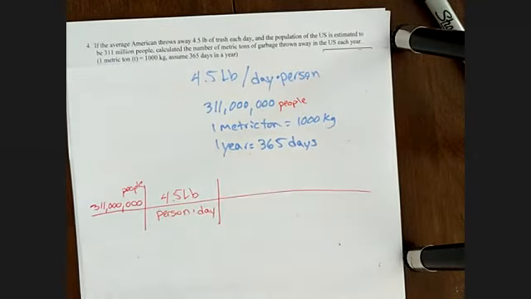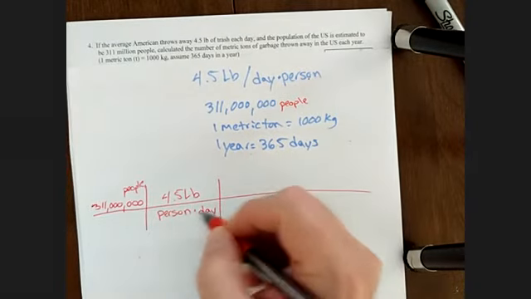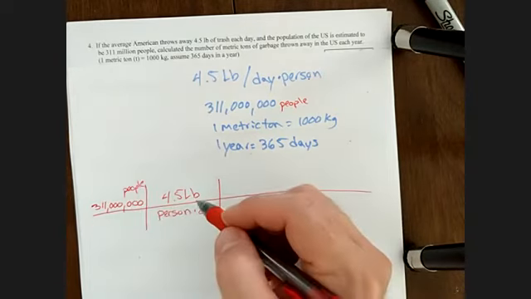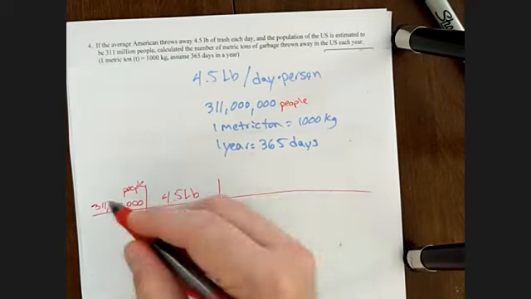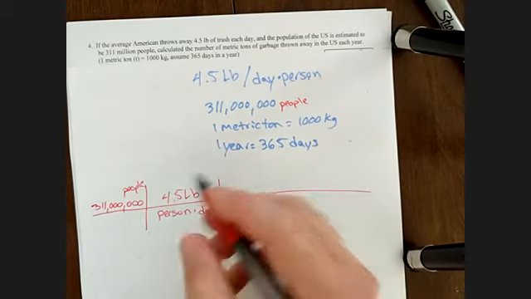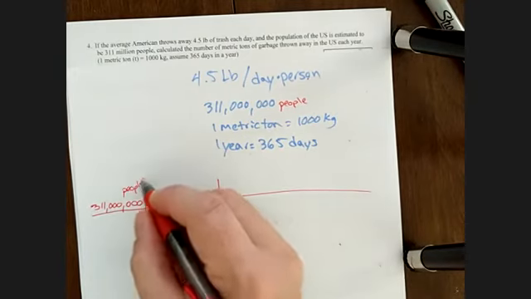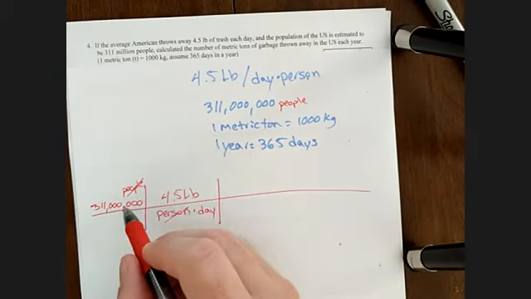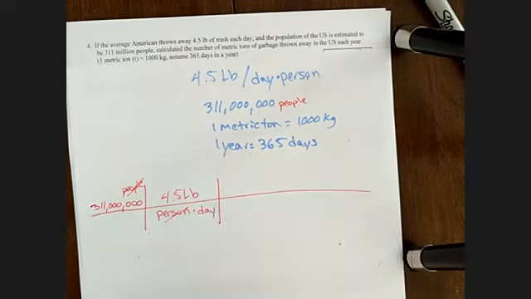So if you have 300 million people, this would tell you how many pounds a day 300 million people would generate. The person and people essentially go away. This leaves you with how many pounds per day the US population produces.